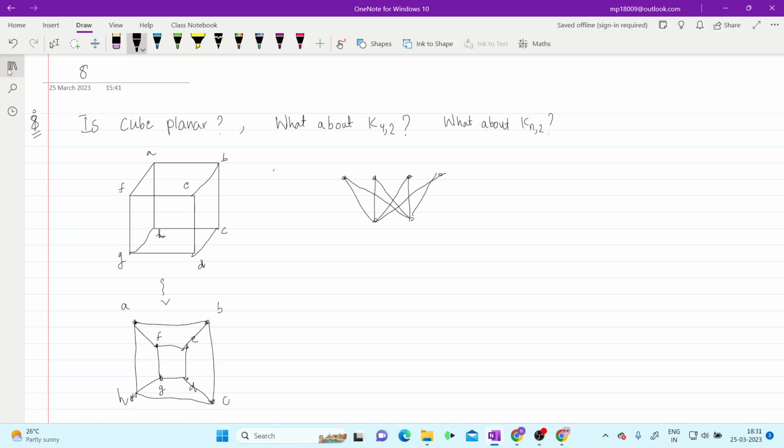So we see that this cube is isomorphic to this graph, and this graph is clearly non-planar, so we get that this is non-planar.